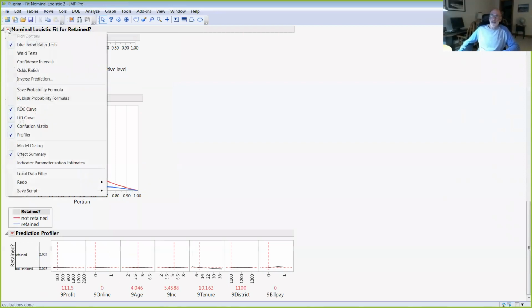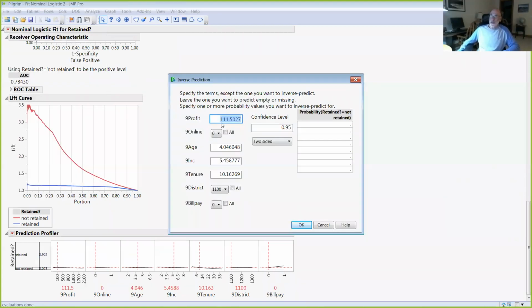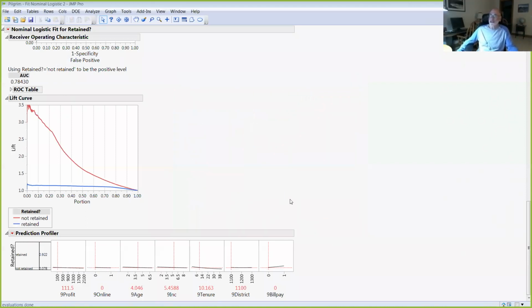You do get inverse prediction, where you can specify all of the variables except for one, and then do inverse prediction and see how that variable influences the probability that you will retain a customer. It's an alternative to the prediction profiler, another way of focusing on a particular variable.